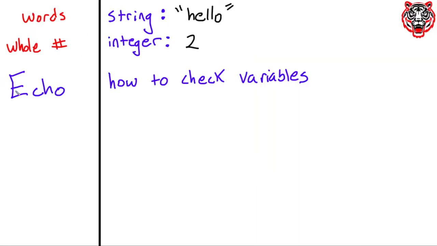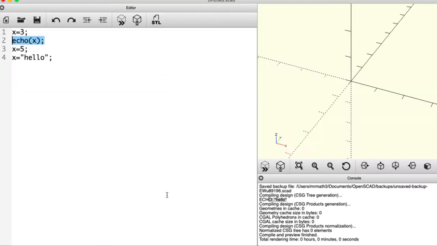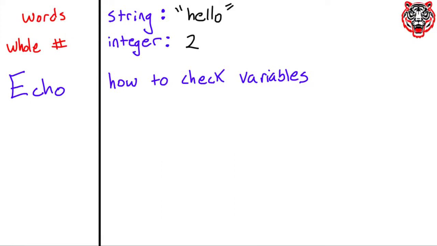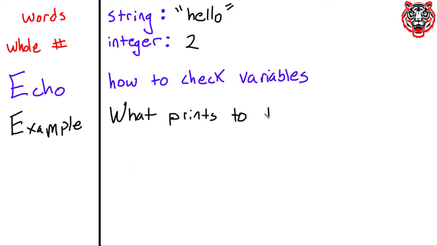So this is the part where you guys are going to tell me what happens in the console over here. Here's an example, just to check your understanding. I want you to figure out what's going to print out to the console. This is where you're going to handwrite the answer.